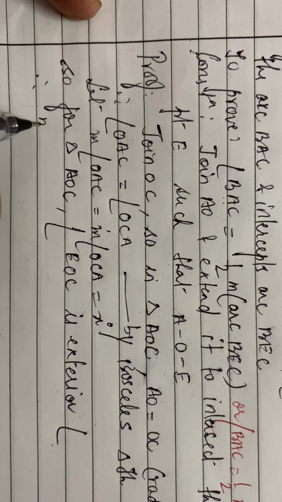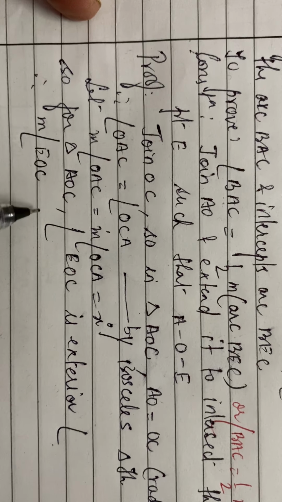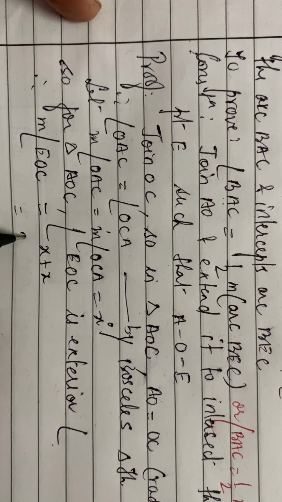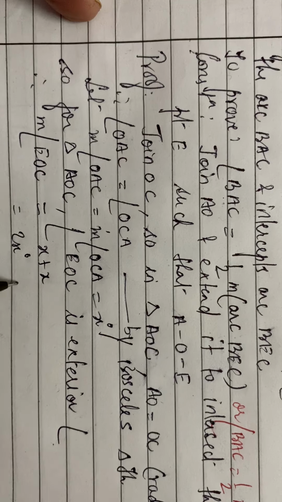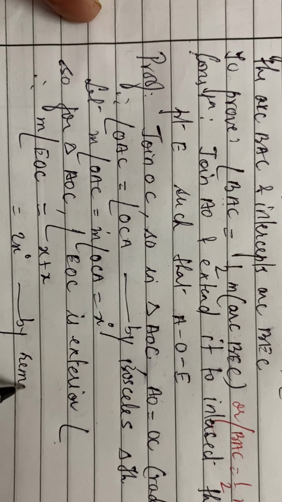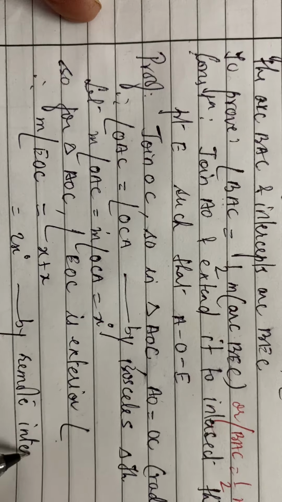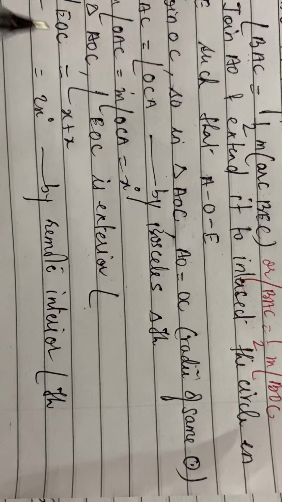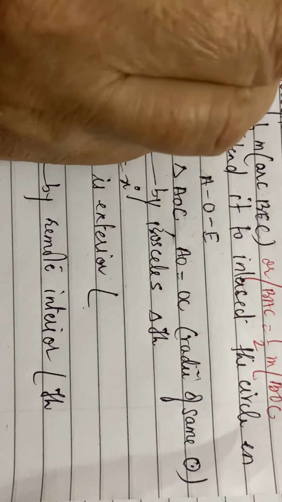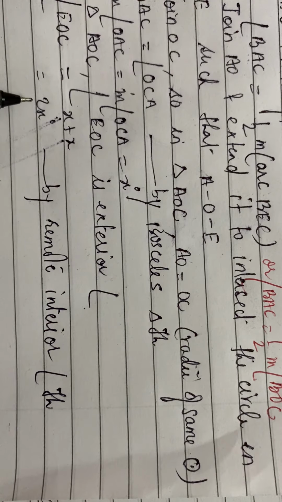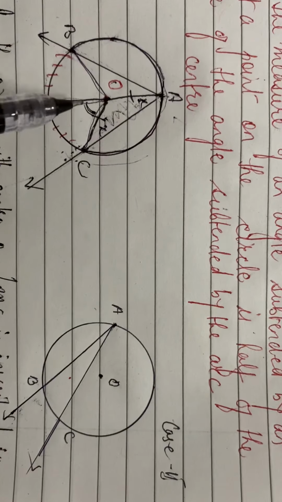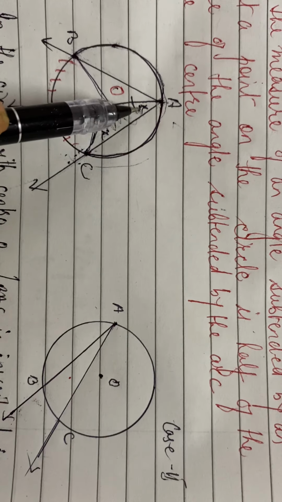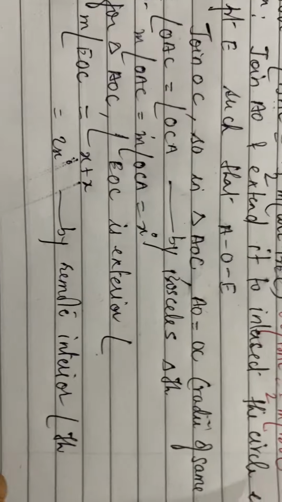Therefore, the measure of angle EOC will be equal to x plus x, that is 2x degrees, by the remote interior angle theorem. Why have I written twice x? Because this plus this will be the remote interior angles. In this triangle, if this is the exterior angle, its measure is this x plus this x. So it becomes 2x over here.